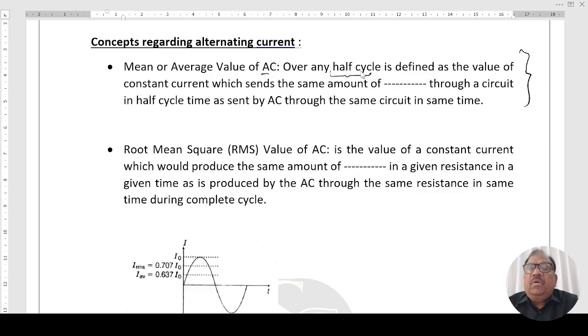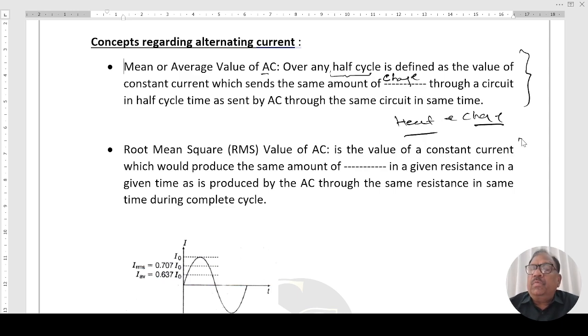Defined as the value of constant current which sends the same amount of charge through a circuit in half cycle time as sent by AC through the same circuit at the same time.